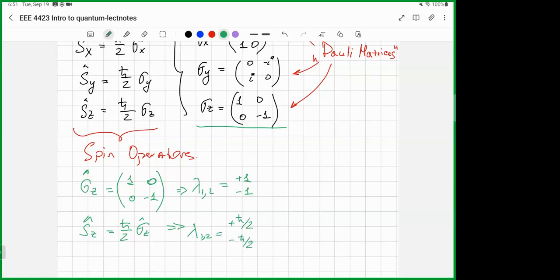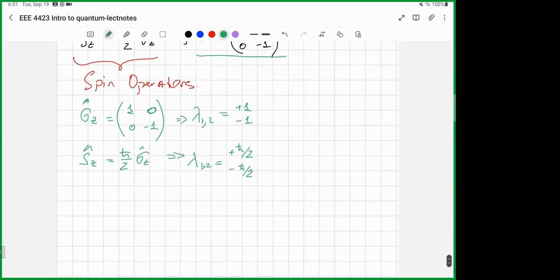So this is the value of possible spin. When it's equal to plus h bar over 2, the spin directs up. When it's minus h bar over 2, it directs down, according to the direction of the magnetic field.